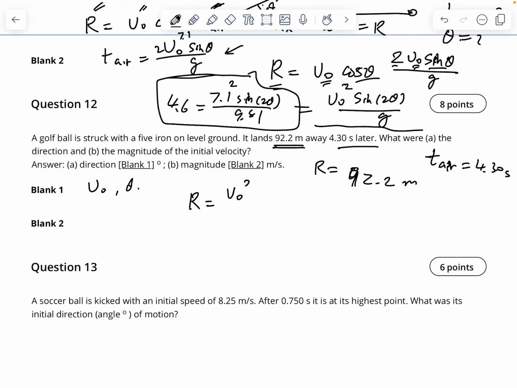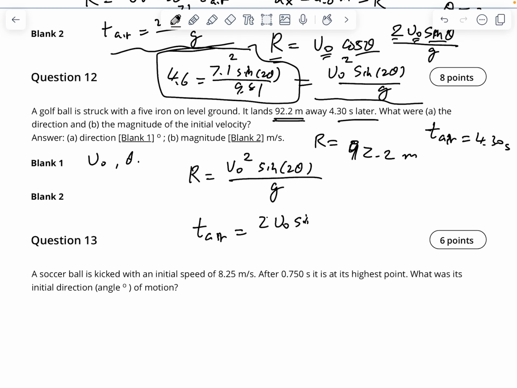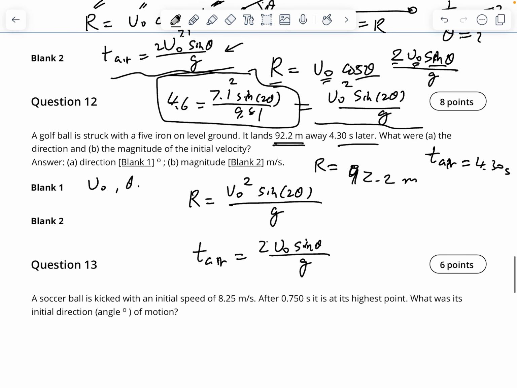R equals V naught squared sine 2 theta divided by G. And the time in air equals, let me see this equation, 2 V naught sine theta divided by G. And the range also equals V naught sine theta times 2 V naught cosine theta divided by G. So we know the range.